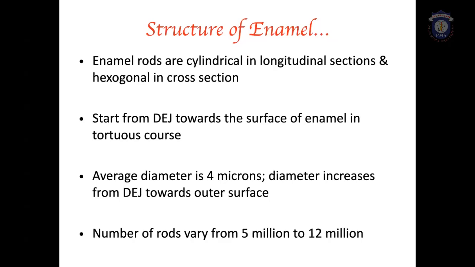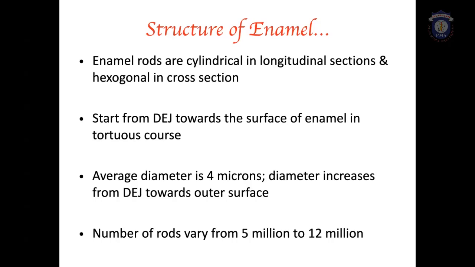Now the enamel rods start from the dentino-enamel junction towards the surface of the enamel in a tortuous course. Enamel is firmly attached to the underlying dentine, and the attachment junction of the enamel and dentine is called the dentino-enamel junction.